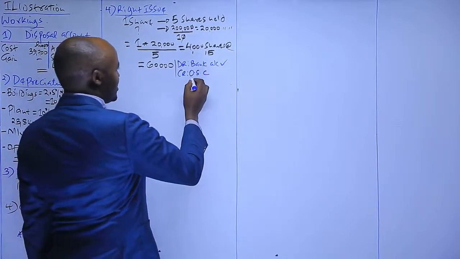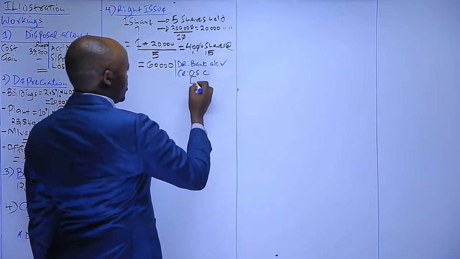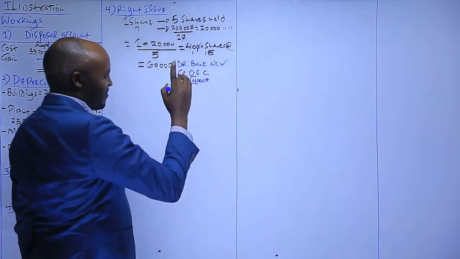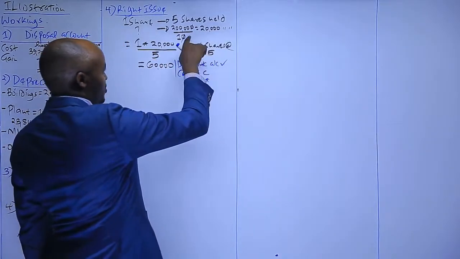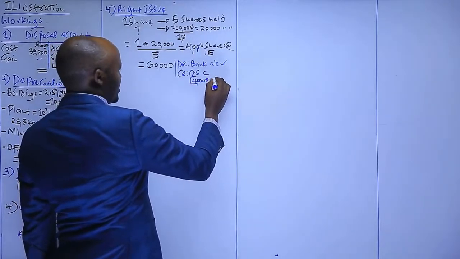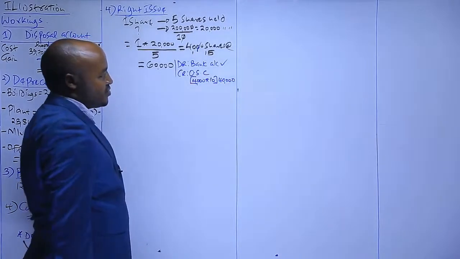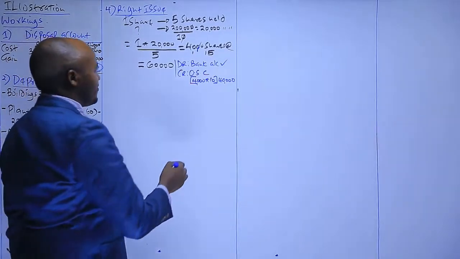The amount credited in this account is always based on the par value per share. You take the shares issued by the company, 4,000 times the par value. The par value is the value per share we have in the trial balance, which we know is 10. So the amount to be credited in this account will be 40,000. So this amount of 40,000, we are going to add it to the ordinary share capital of the company.